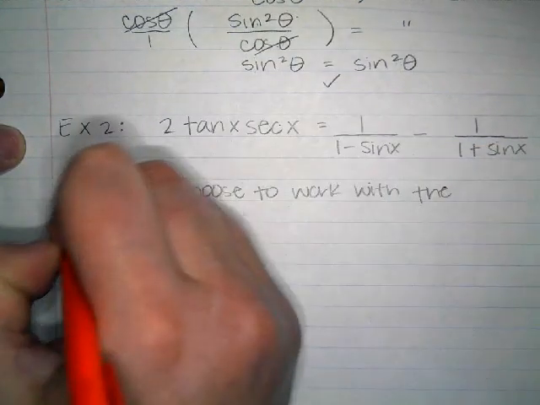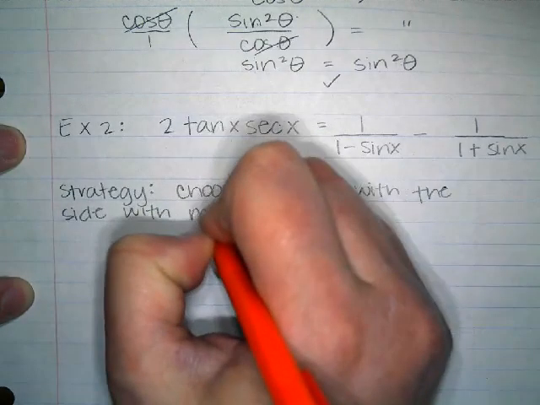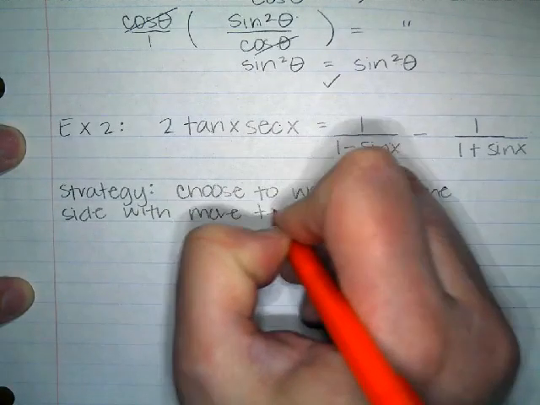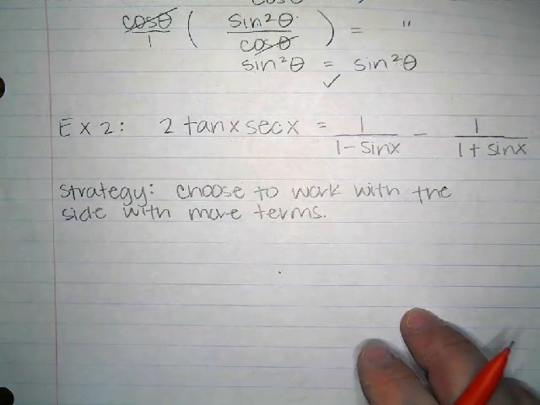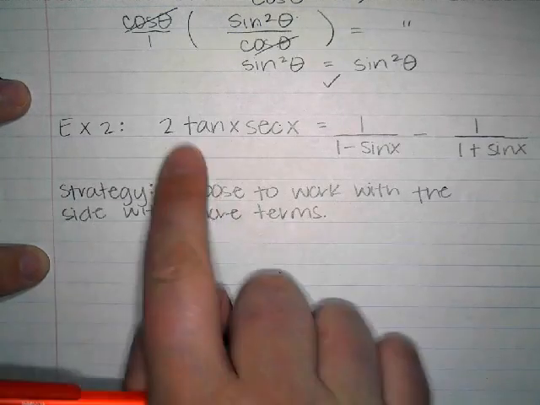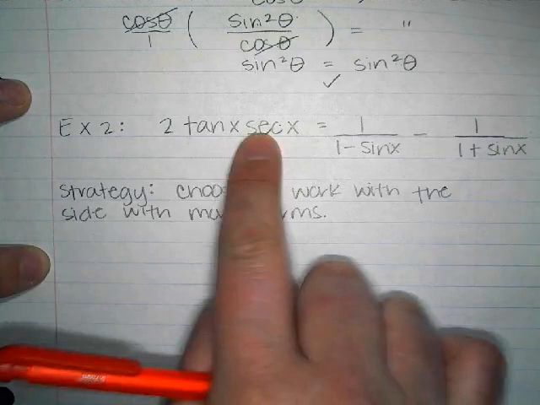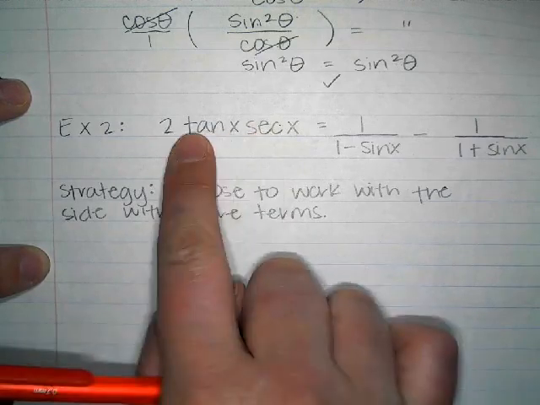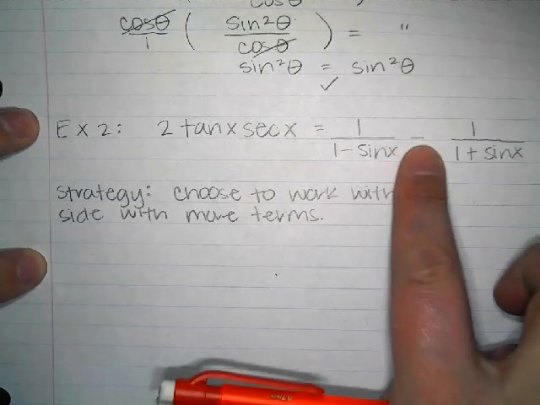This is the same idea as working with the more complicated side. The left side here is all one term because there's no pluses or minuses. So that's considered to be one term. This side over here has 2 fractions with a minus in between. So this side right here is 2 terms. So I'm going to choose the side that has 2 terms.